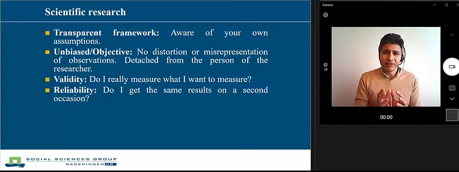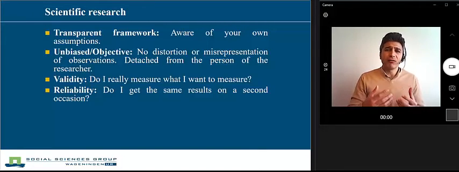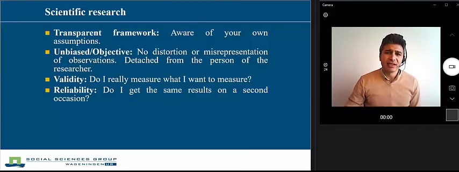Everything should be clear for readers of that specific paper, because if they want to repeat the same experiments, they should come up with the same findings. With reliability, you give enough information to people who want to do the same experiments to find out to what extent your research is reliable.